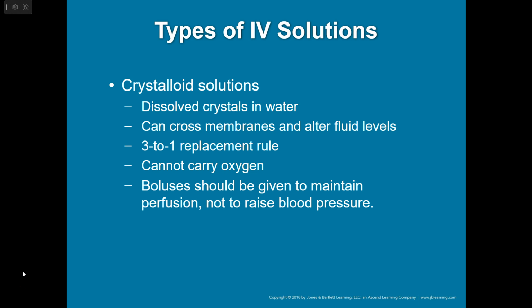3-to-1 replacement rule. So we talked about the 3-to-1 a little bit there. And what that's really just telling you is if you lost 1 milliliter of blood, you're going to have to replace that with 3 milliliters of that crystalloid solution just for the fluid. Because within 1 hour, 2/3 of whatever fluid it is that you just gave will actually leave that vascular space and go into the interstitial area.